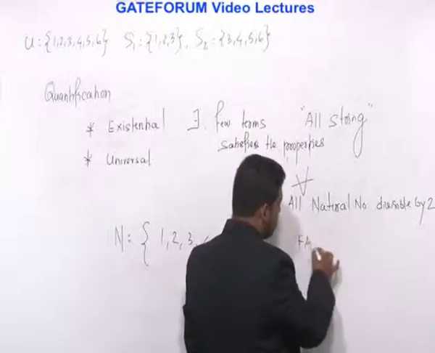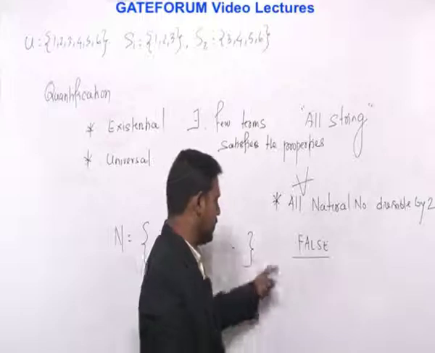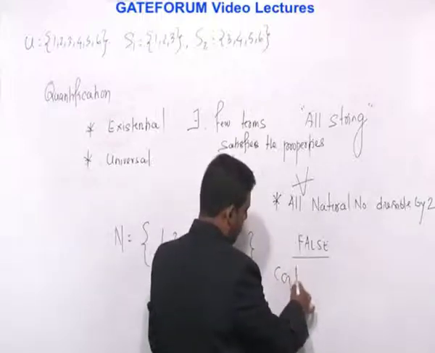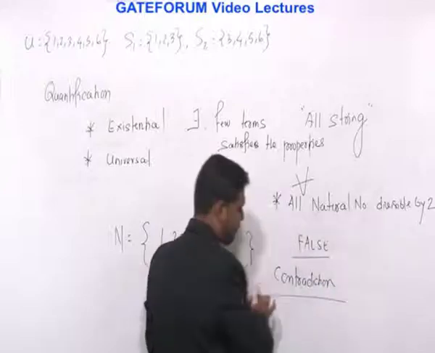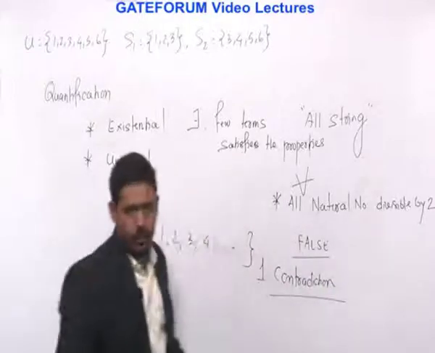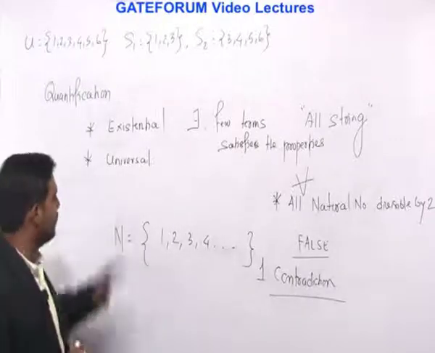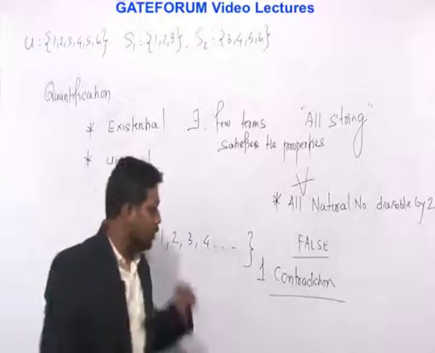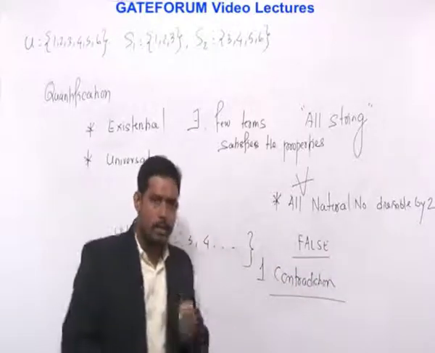Why is it false? We prove it false by contradiction, and you have to find only one contradiction. If you want to disprove a universal quantification, you need only one contradiction.